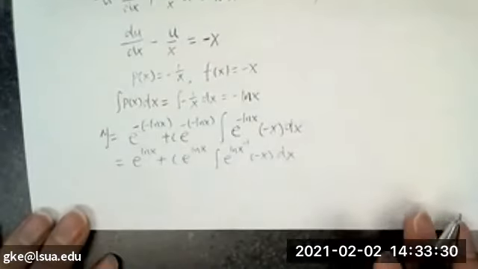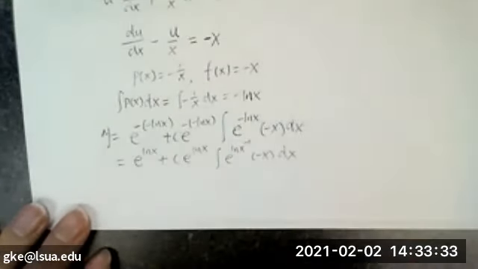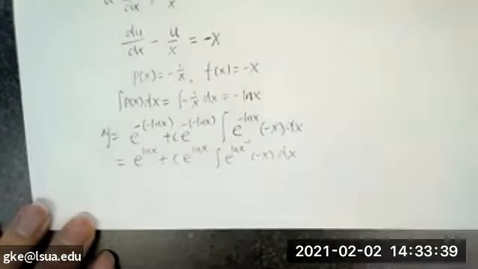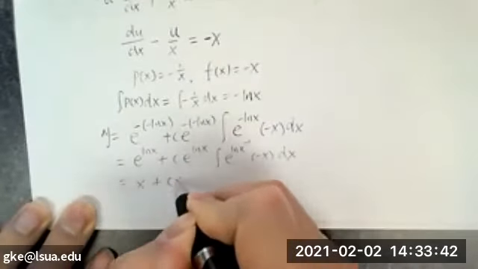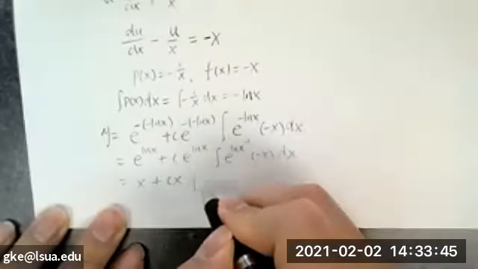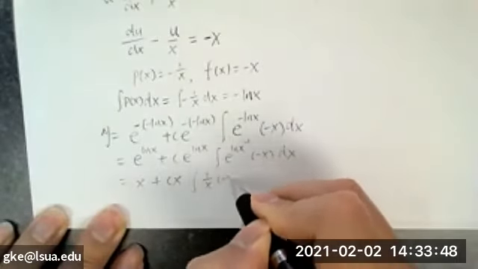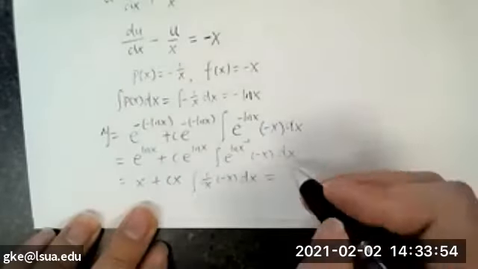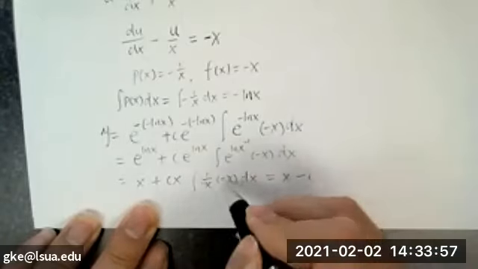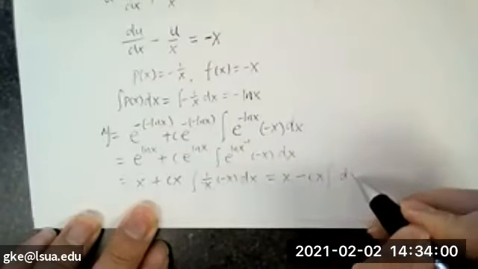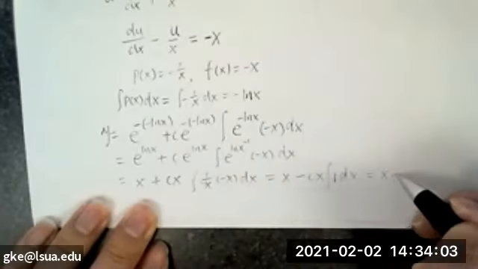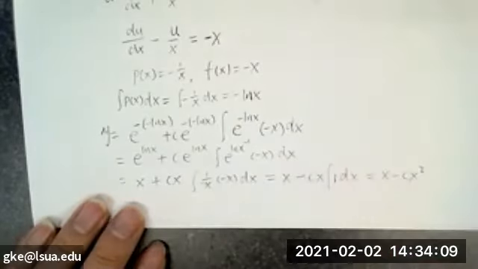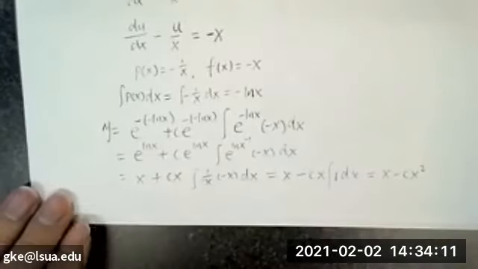Again, this guy will be x, and we can cancel out. That's very easy, right? It's a negative. And this guy will give you, the antiderivative of 1 should be x times x, x squared. Okay, we got the solution.